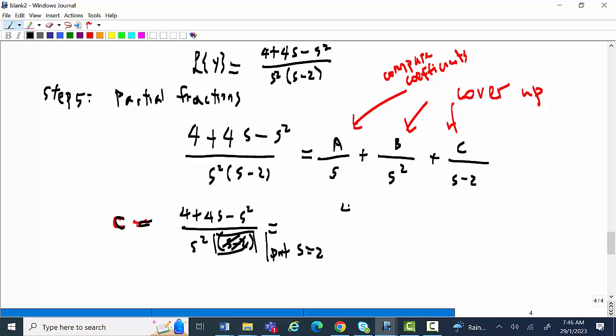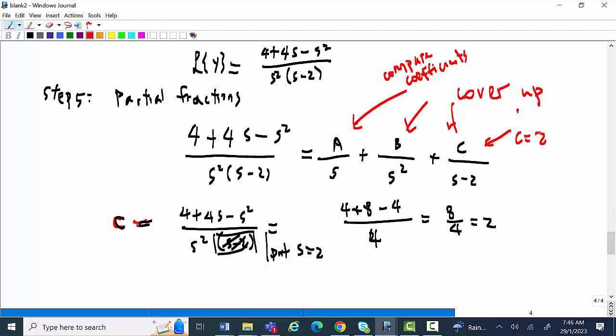So you get 4 plus 4 times 2 is 8, then minus 2 square is 4, over 2 square is 4 here. So you get 8 over 4, which is 2. So I know C is equal to 2 now.